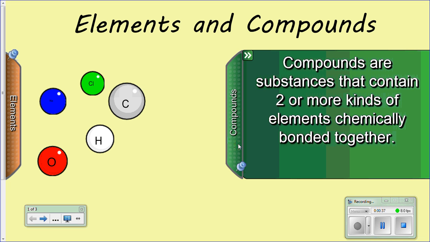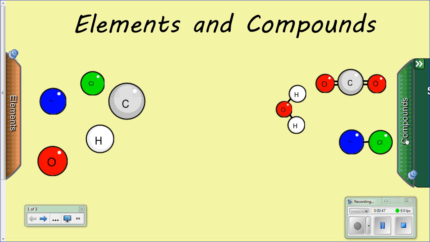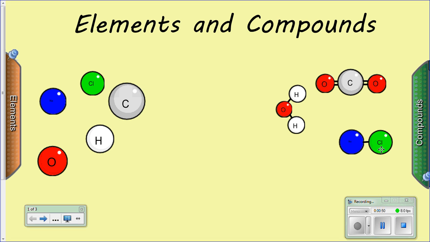Compounds are substances that contain two or more kinds of elements, chemically bonded together. Some examples include carbon dioxide, water, and salt.